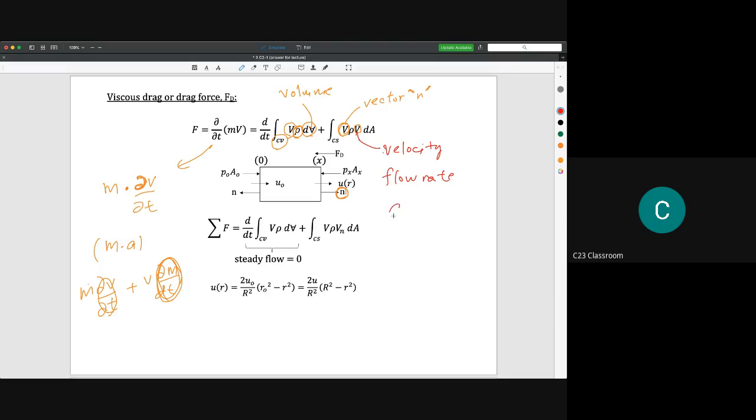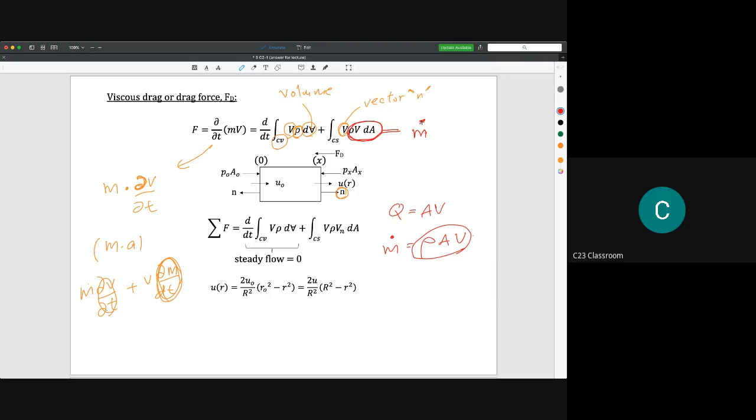Because in flow rate, we know that Q is equal to AV, and mass flow rate becomes rho AV. So this rho AV is actually this term, and it gives you the mass flow rate.